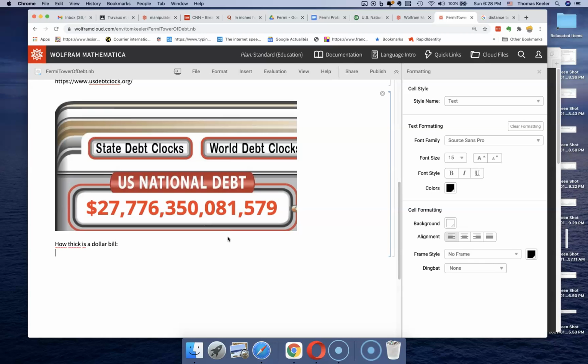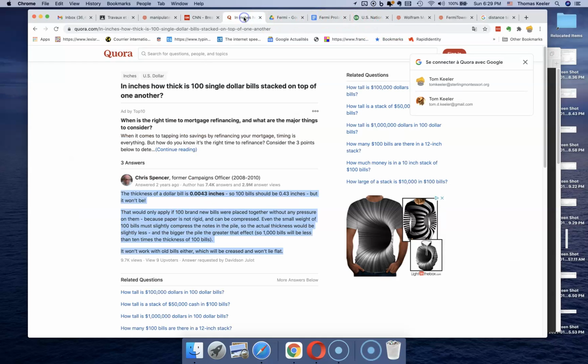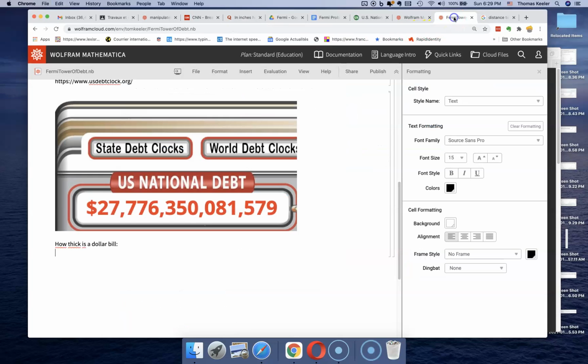And it turns out that 100 dollar bills should be about half an inch.